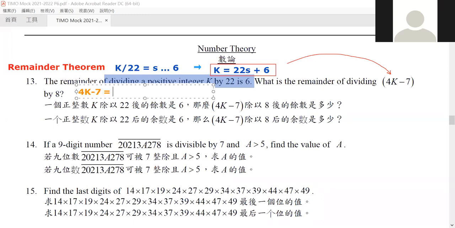According to our theory, K is equal to 22S plus 6. So it will be equal to 88S plus 24 minus 7, and hence it will be equal to 88S plus 17.